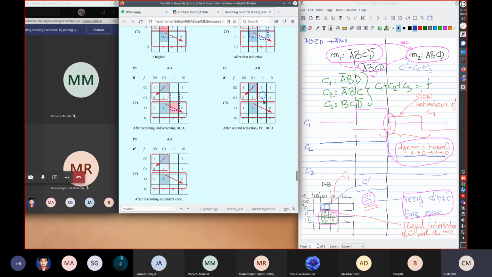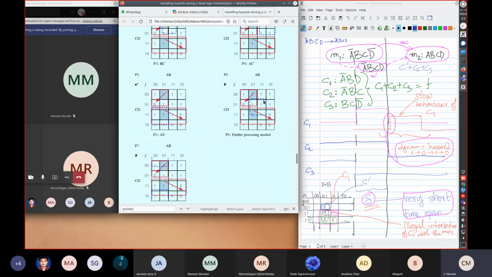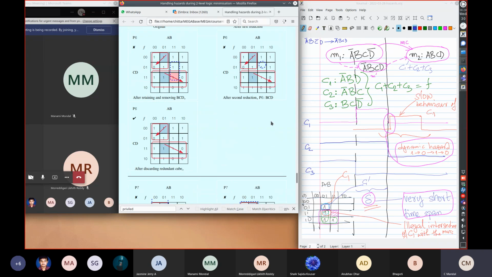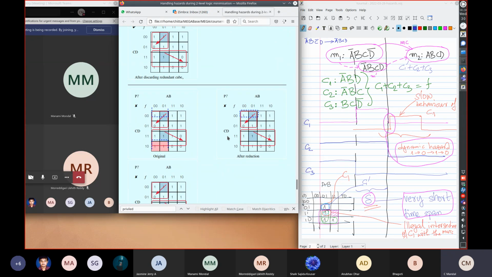Because it is already covered by other cubes which were considered. For example, this cube. So even if you retain this, this will get eliminated. So this one is eliminated. So then this is what you are left with.